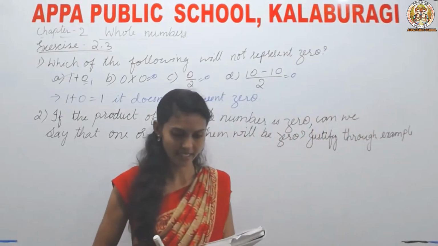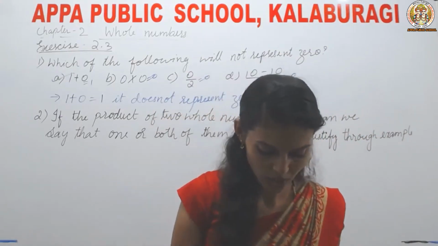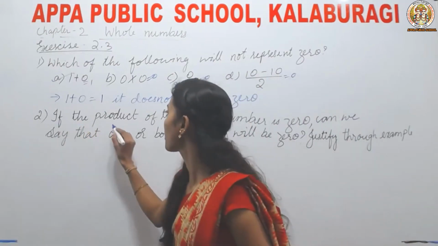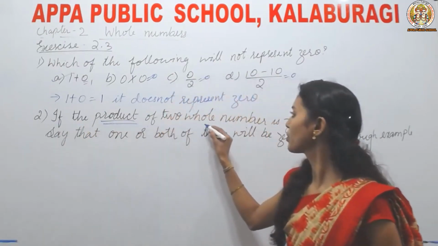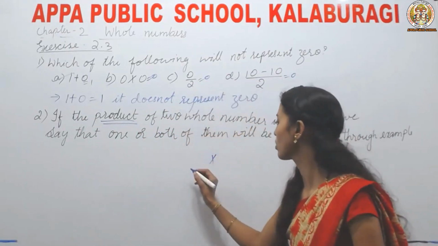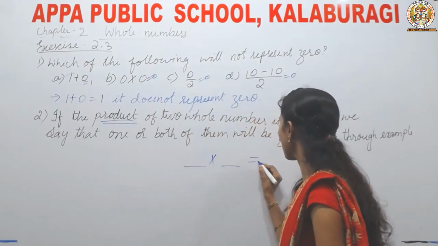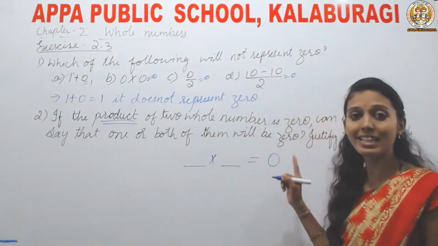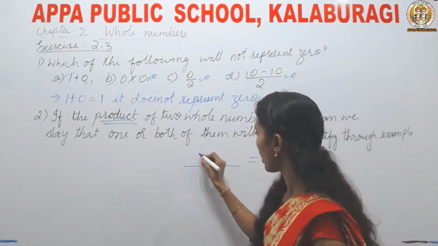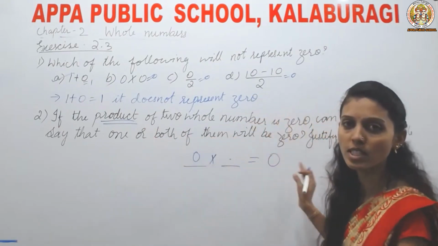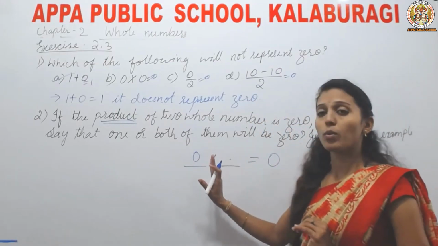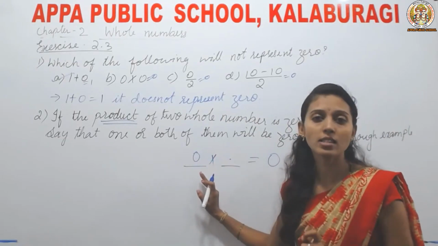Read the question properly. What they have given: the product of two whole numbers is zero. Any two whole numbers, here one whole number, here one whole number, and the answer is given as zero. If it is zero, then can we say either one or both of them will be zero? What is the product of any number with a zero?